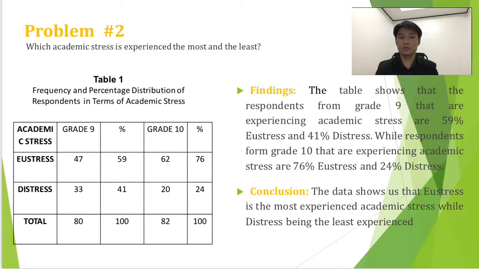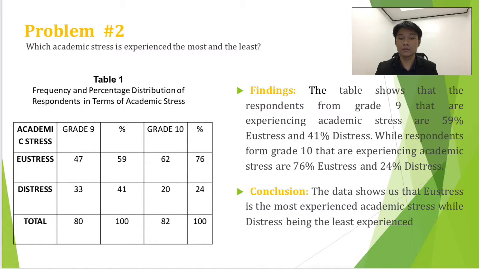For problem number 2, which academic stress is experienced the most and the least? For this problem, we use table 1 to solve the findings and conclusion. For the findings, the table shows that the respondents from grade 9 that are experiencing academic stress are 59% eustressed and 41% distressed, while respondents from grade 10 that are experiencing academic stress are 76% eustressed and 24% distressed.